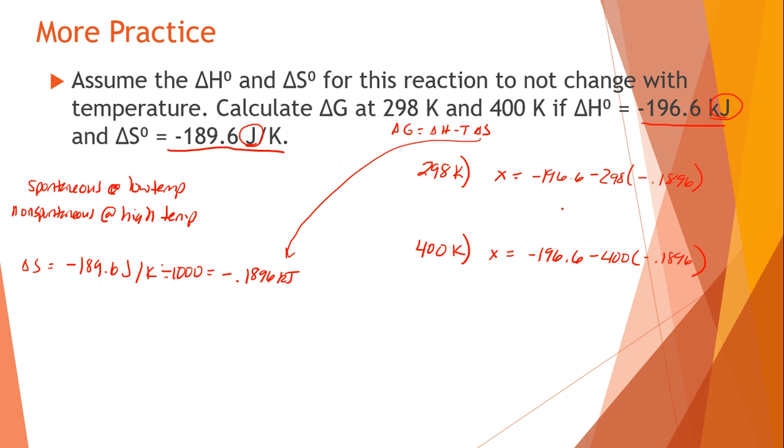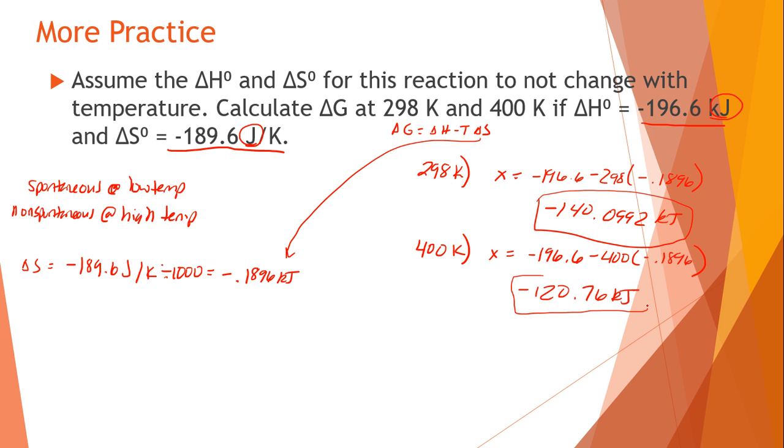When you go ahead and find this, you're going to find 298 to be negative 140.0992 kilojoules, and then the bottom one is negative 120.76 kilojoules. So how did you do? Did you get those values?